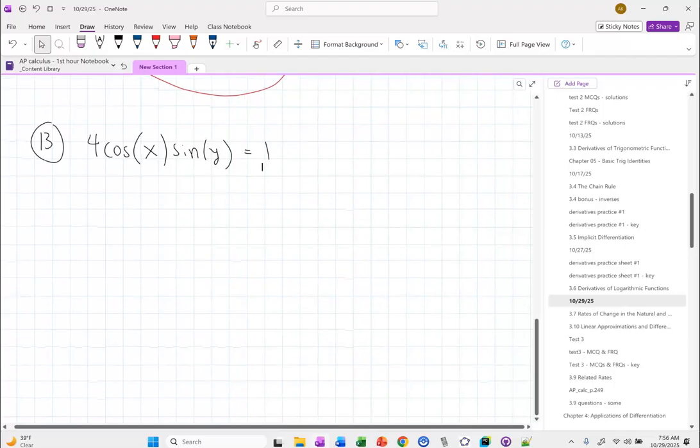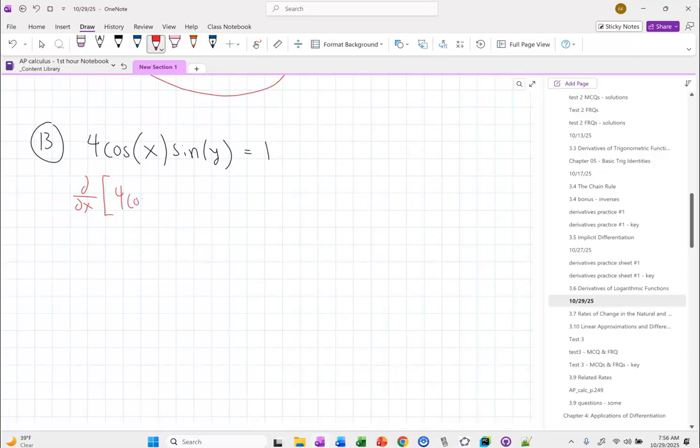Okay. So again, start by differentiating both sides. Now, probably what I'm going to do here is think about the 4 as just coming along for the ride for everything. But you can think about it inside. It doesn't really matter a whole lot. So to differentiate cosine x sine y, I need a product rule.